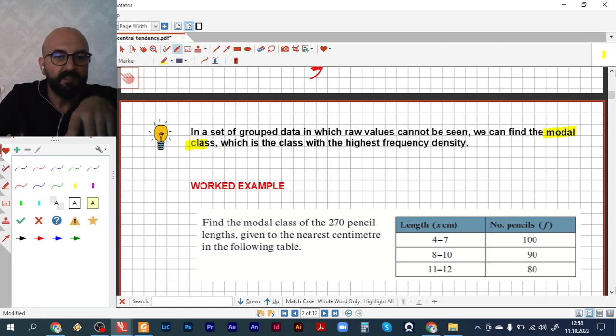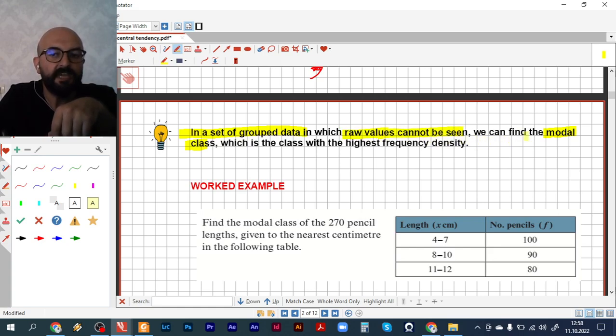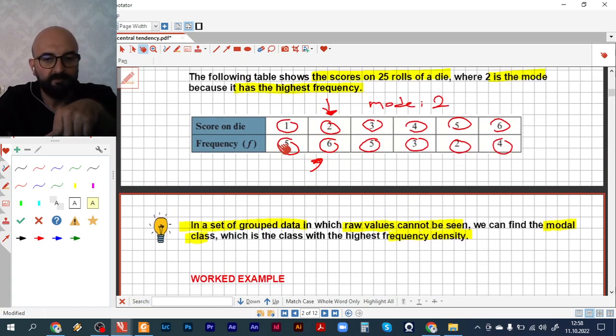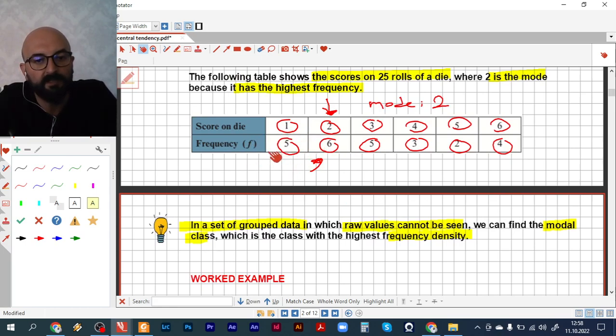For example, in a set of grouped data in which raw values cannot be seen, we can find the modal class, which is the class with the highest frequency density. In the previous example, we could see how many times all the values come, and we could decide which is the mode easily.